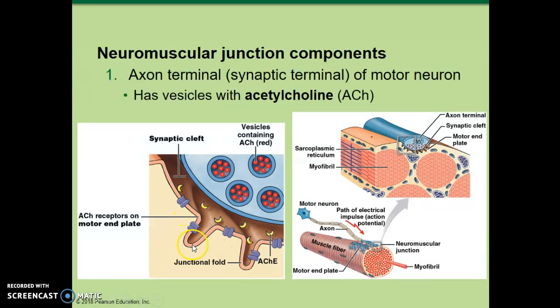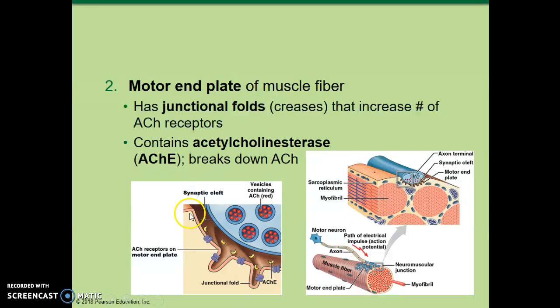Here are junctional folds in that motor end plate. The acetylcholine will have to be released, cross the synaptic cleft, and bind to acetylcholine receptors on the motor end plate. So again, here's our motor end plate.